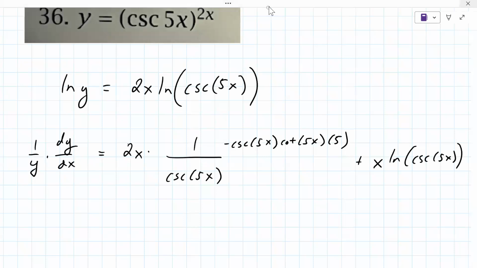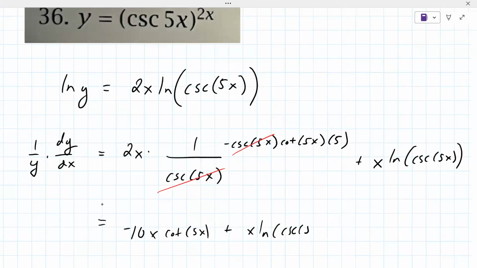Okay, and then you do get a cancellation, which you want to take advantage of. So it ends up being 10x minus 10x cotangent 5x plus x natural log cosecant 5x all times y, which is cosecant 5x to the power of 2x. Yep, that's what I got.